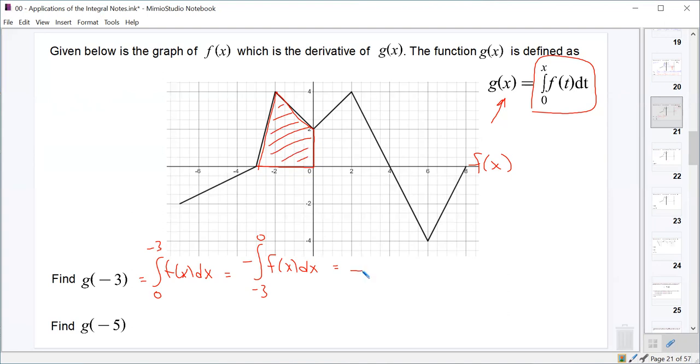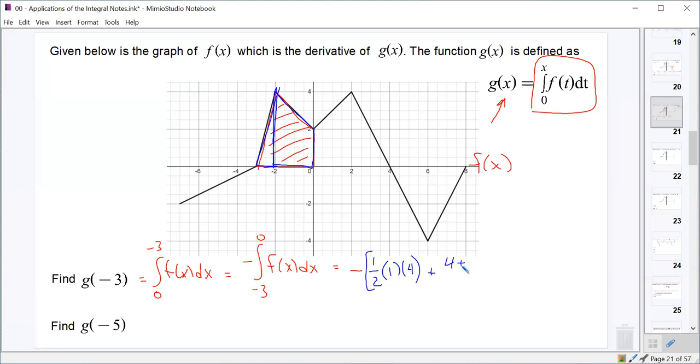And that can be broken down into this little triangle here and the trapezoid over here. And so the triangle is 1/2 of the base, which is 1, times the height, which is 4. And we'll add to that the trapezoid that we already found.